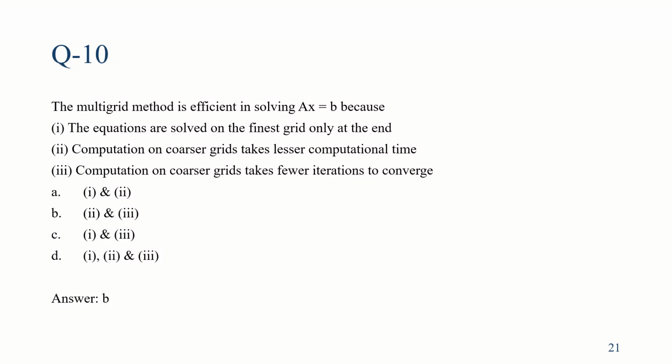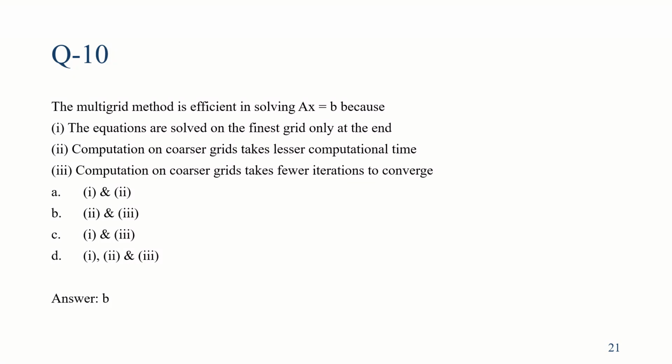Apart from that, computation on coarser grids takes lesser computational time is true. Why? Because in coarser grids, the information traveling will be faster than in the finer grids, so the calculations are less. Calculations are basically less because of the grid numbers. Therefore, we can say that computation on coarser grids takes lesser time.